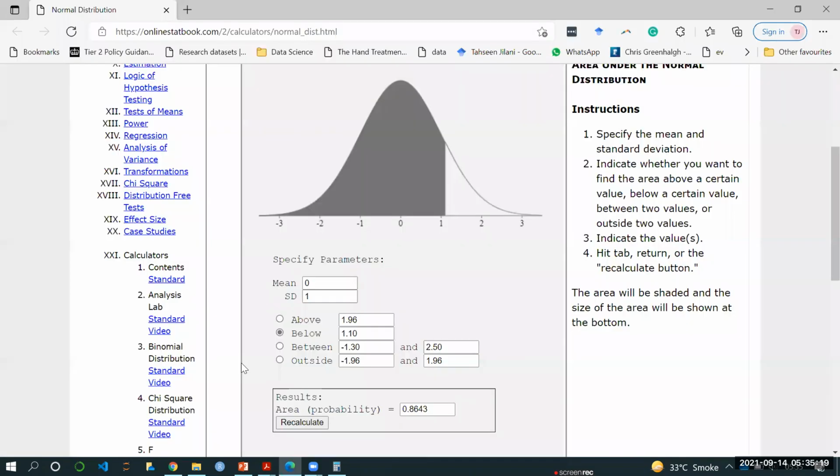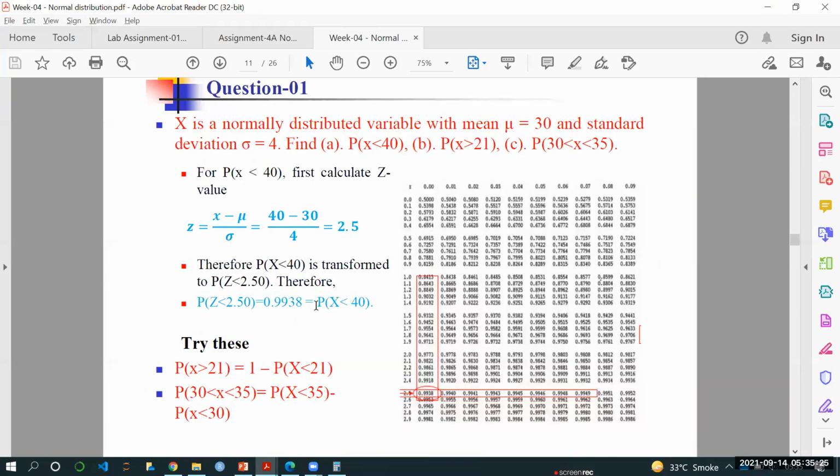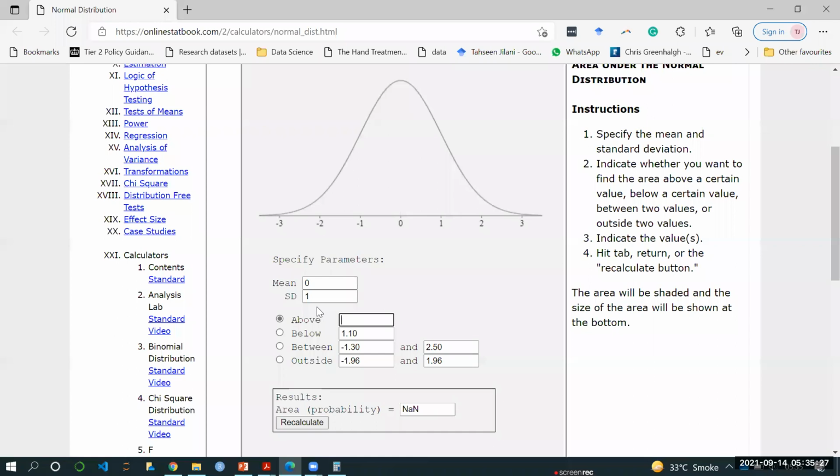But in online calculators, there is an above option as well. In tables, we don't have this option. 21 minus 30, it is 9. 9 divided by 10 is 0.9. So if I look, it is giving me area above 21. So this is the way.